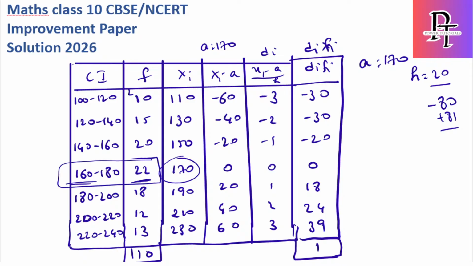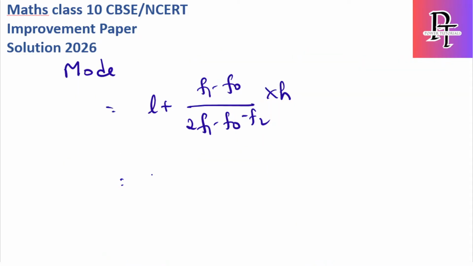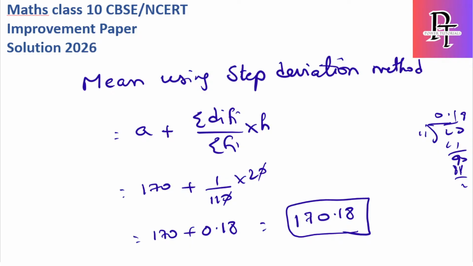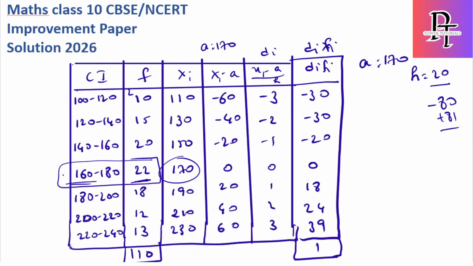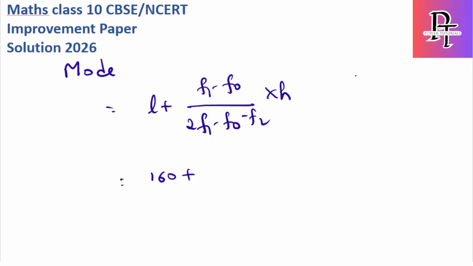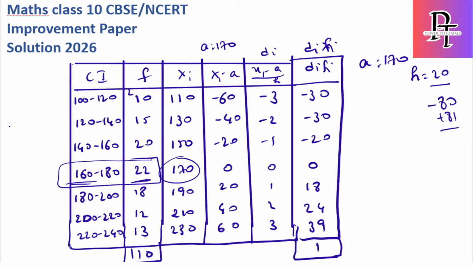Okay, so let's use it. L is 160 here. 160 plus f1. F1 is the frequency of the modal class. The f1 is 22. So for this I will write the values as well. L is equal to 160. F1 is 22. F0 is the one before the modal class frequency, which is 20.